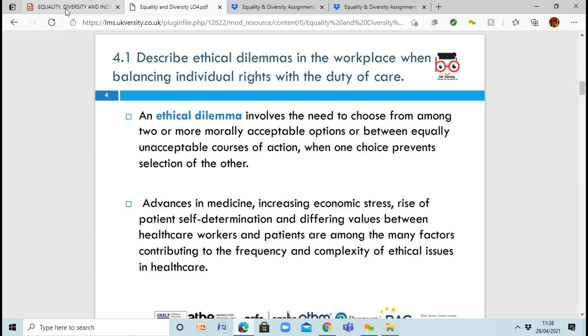All of these factors will contribute to the frequency and complexity of ethical issues. To be honest, you can probably think of 1,000 things on a daily basis where you've got a difference of opinion, or somebody doesn't want injections, but you know this injection might help them. So there's a lot of different issues that can come up.